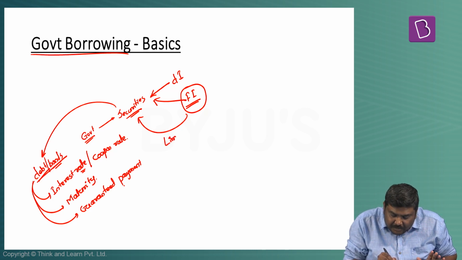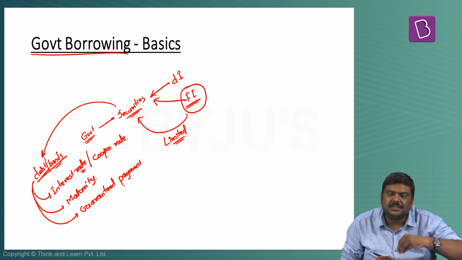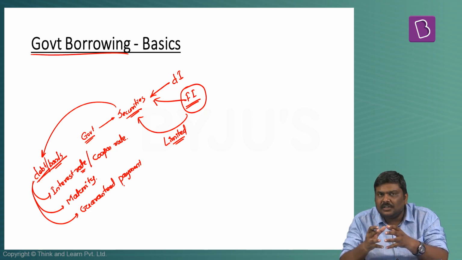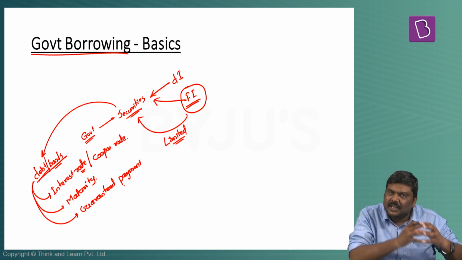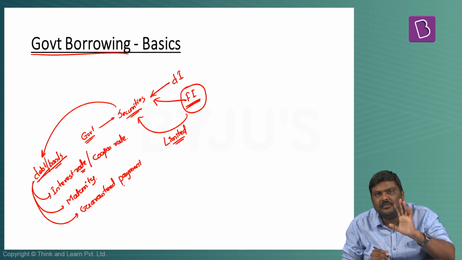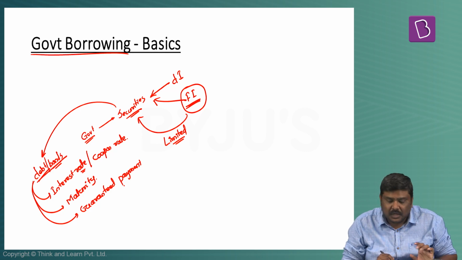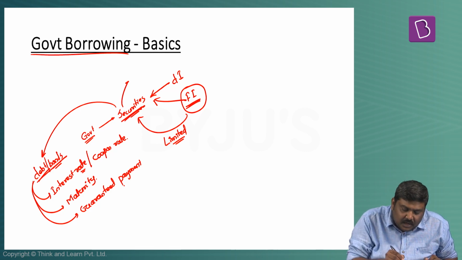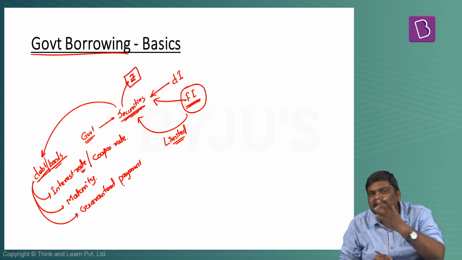It will be limited by the government. There are certain restrictions imposed by the government on these particular investments in the G securities done by the foreign investor. More importantly, these particular securities are issued in the form of rupee denominated securities.